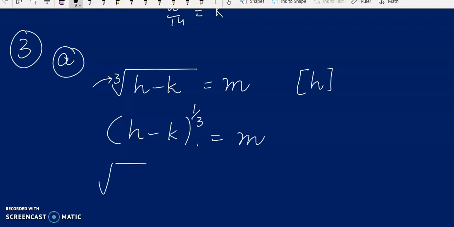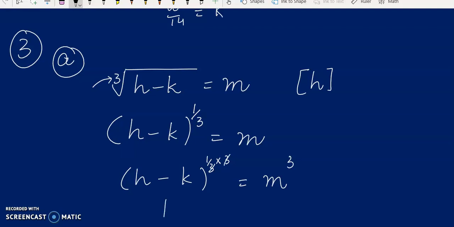So on both sides we will take a cube so that this 1 over 3 is cancelled out. So on both sides we take cube. So this 3 cancels out with 3. And we get h minus k is equal to m cube.